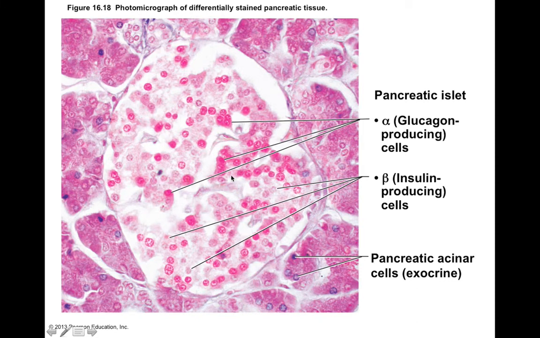Now, you don't need to be able to recognize the difference between alpha cells and beta cells, but what's more important to know is that alpha cells in the pancreatic islet release glucagon, and beta cells release insulin. In this particular microscopy image, we can also see nearby the pancreatic acinar cells, which secrete enzyme-rich digestive juices.